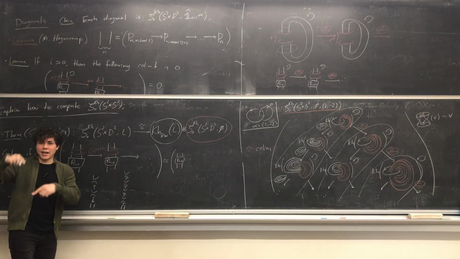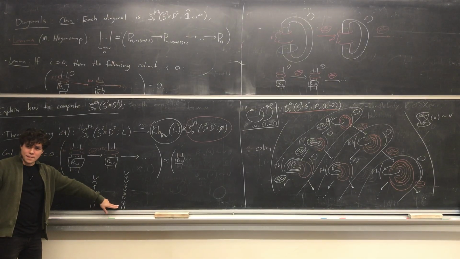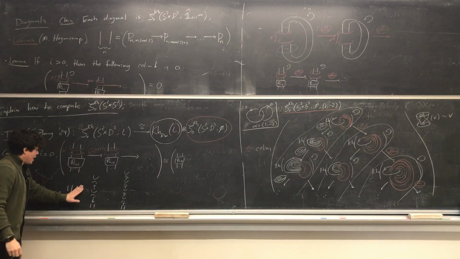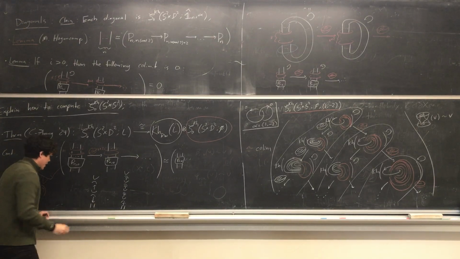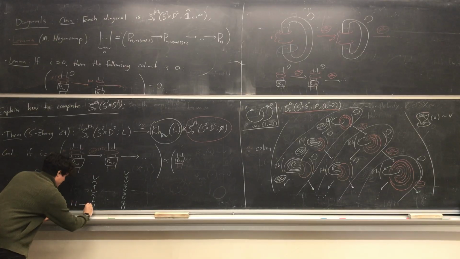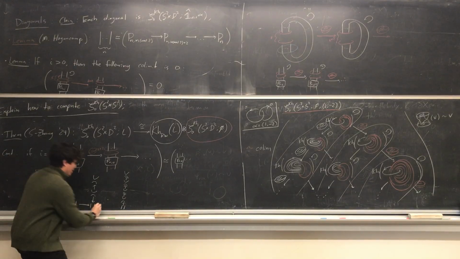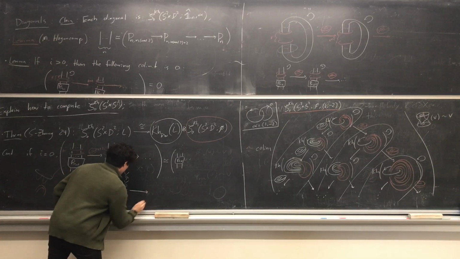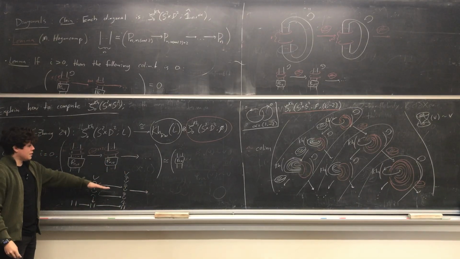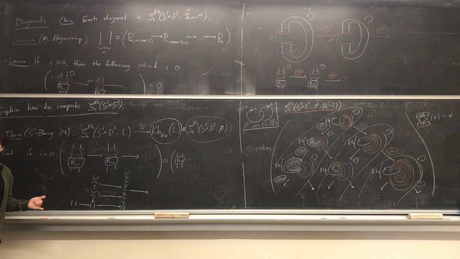It's just these little cup caps, and then you have some identity. Depending on how you choose your map, so maybe I choose my map so that I send identity, I just include everywhere, or something like this. The choice of these maps determines how this complex looks.